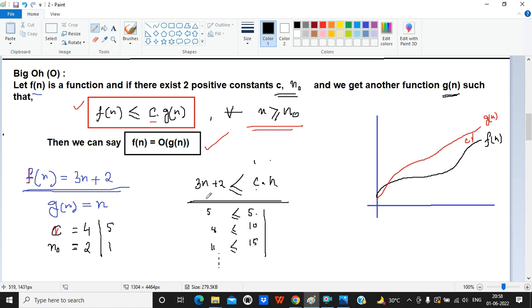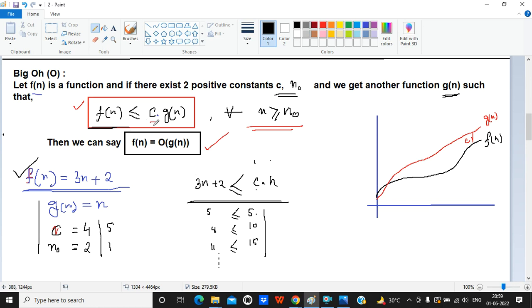So we can say that, keeping in mind f(n) is equal to 3n plus 2, we have successfully found that g(n) is equal to n, and if we take the values of c and n0 as 4 and 2, or 5 and 1, then this condition is satisfied. Means there are some values of c and n0 for which this condition is satisfied.